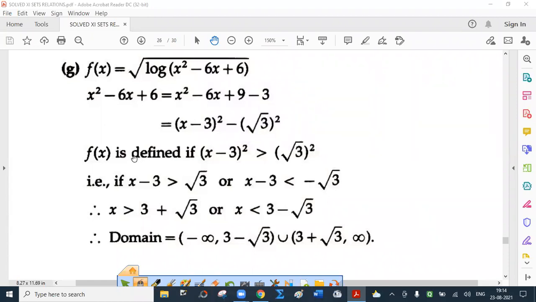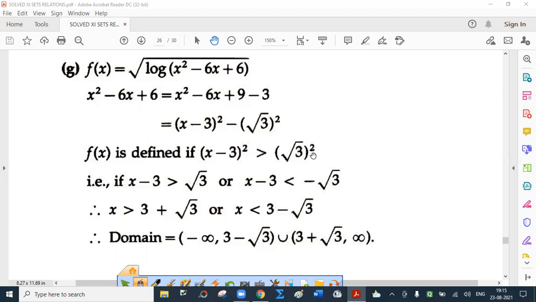So clearly, f of x is defined if x minus 3 square minus root 3 square is greater than 0, because logarithm of only positive number is defined. So x minus 3 is greater than root 3, or x minus 3 is less than minus root 3. That is why I always say you should remember all standard formulae.